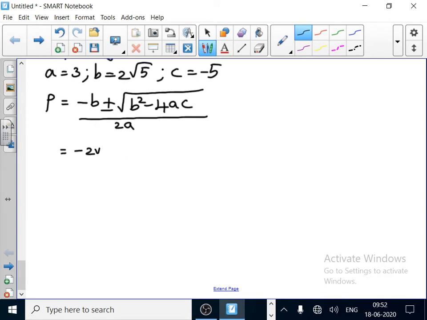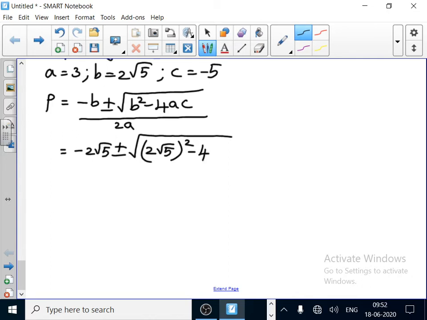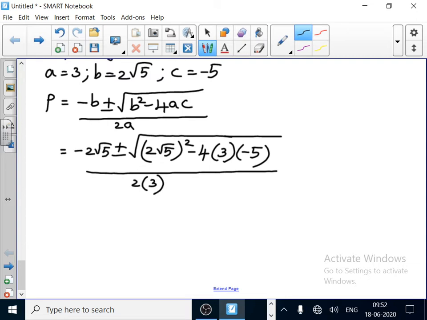So minus 2 root 5 plus or minus square root of 2 root 5 whole square minus 4 into a is 3 into minus 5, whole divided by 2a, that is 2 into 3.